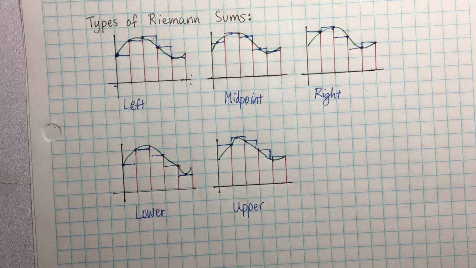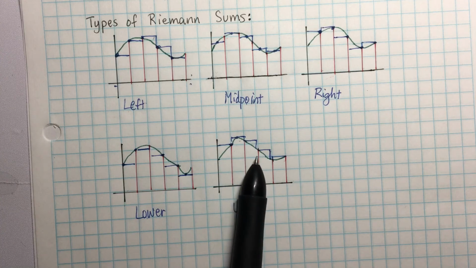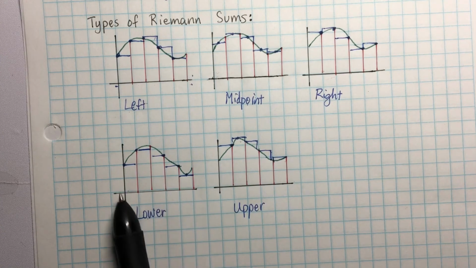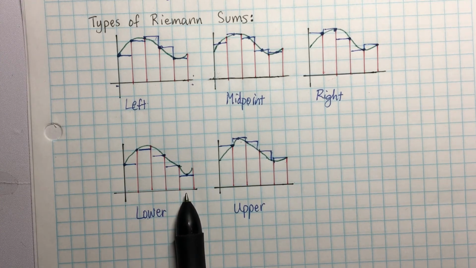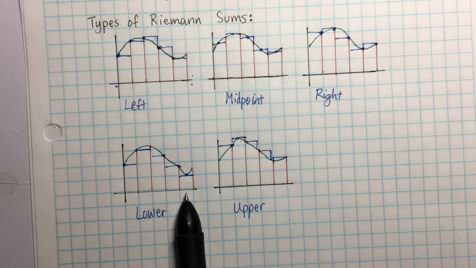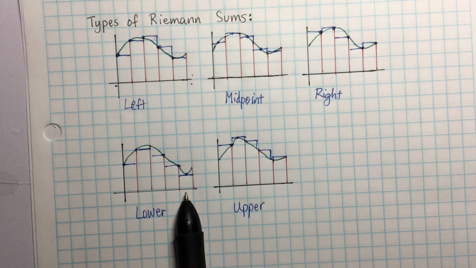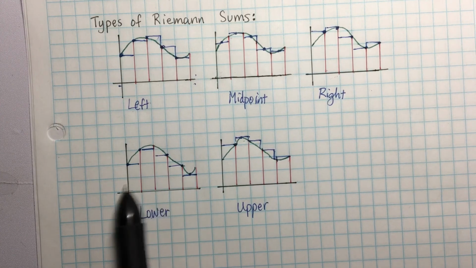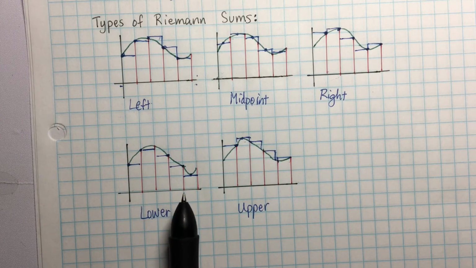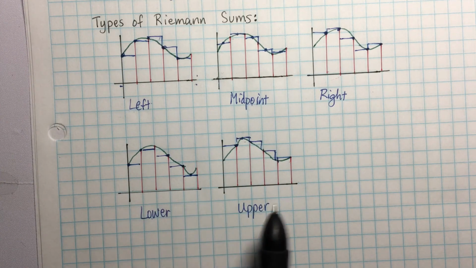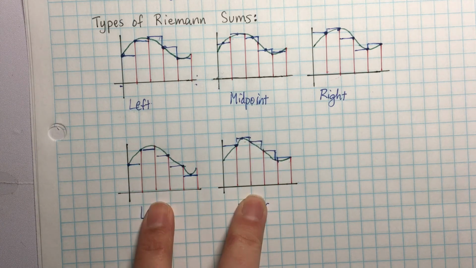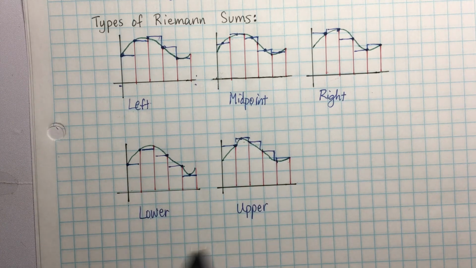That's kind of cool. But here's the weird deal. If I have more rectangles, instead of 5, if say I had 50 or 500 or a gazillion, as the number of those rectangles goes up, the number of strips that I have goes up, these two numbers that I would get for these sums would actually go to the exact same number.